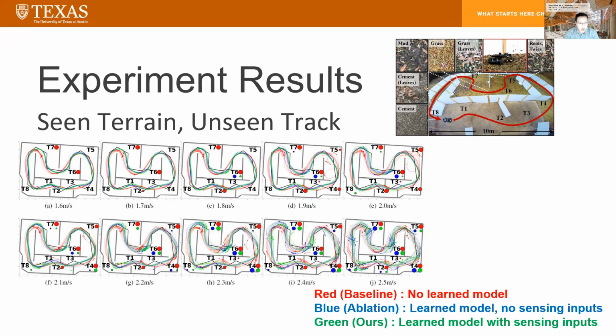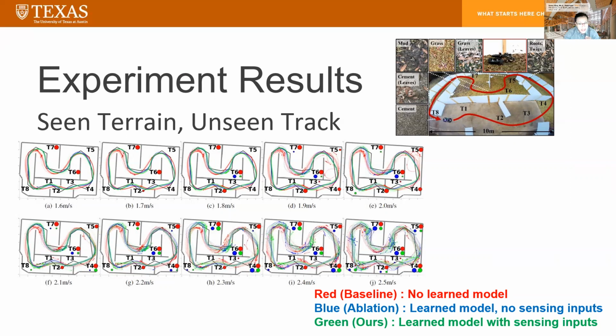The second one, shown in blue, is an ablation model, which is a learned one, but without considering the sensor observation input. So that is one learned model that also fits the entire terrain, but it is learned, so the actual response is the actual real terrain interaction from the real world.